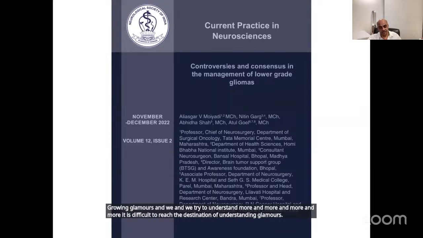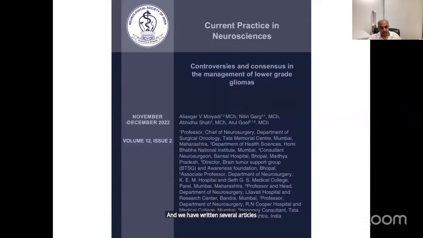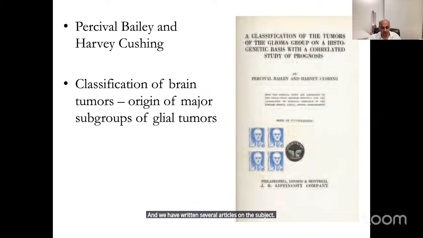We have written several articles on the subject. Glioma has been in neurosurgery for several decades, and in the 4 decades of my journey in neurosurgery, I have operated on several hundred gliomas, and I have been trying to understand this difficult subject.